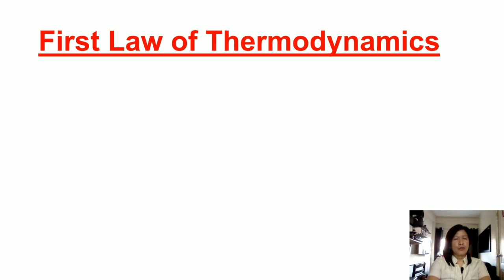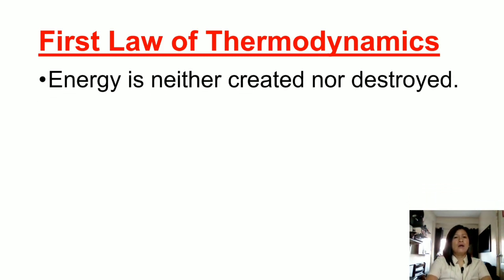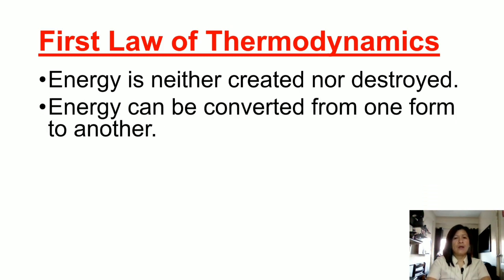Under the first law of thermodynamics, the amount of energy in the universe is assumed constant. As a form of the law of conservation of energy, the first law states that energy is neither created nor destroyed, that it can only be transformed or converted from one form to another.